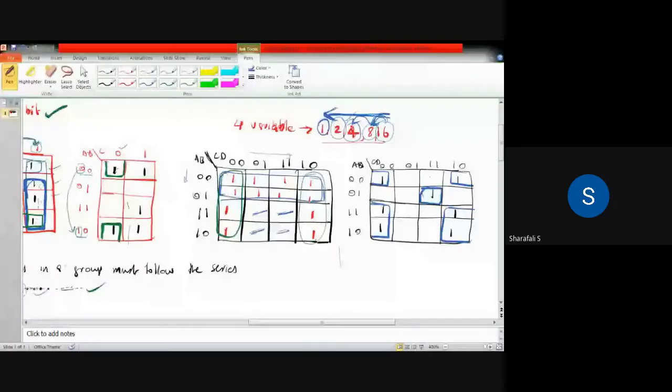Okay. Now let us consider an example for this simplification process.